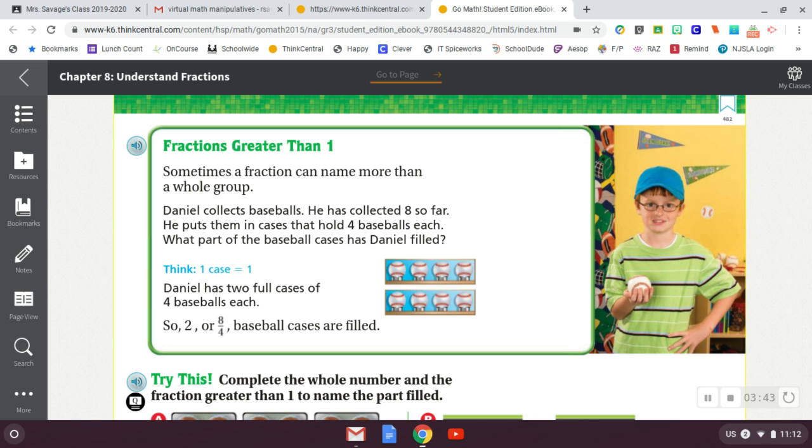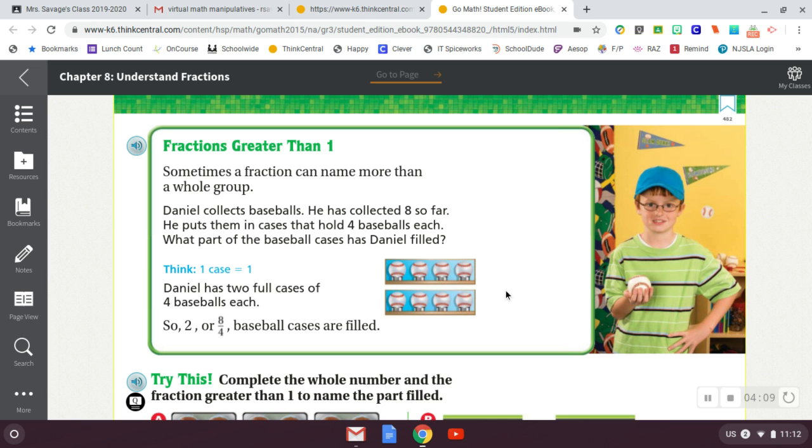Okay? So now I simply count the baseballs and I call them fourths. And I'm going to have a numerator bigger than my denominator because it's a fraction greater than 1. So go ahead and count the baseballs. 1/4, 2/4, 3/4, 4/4, 5/4, 6/4, 7/4, 8/4.